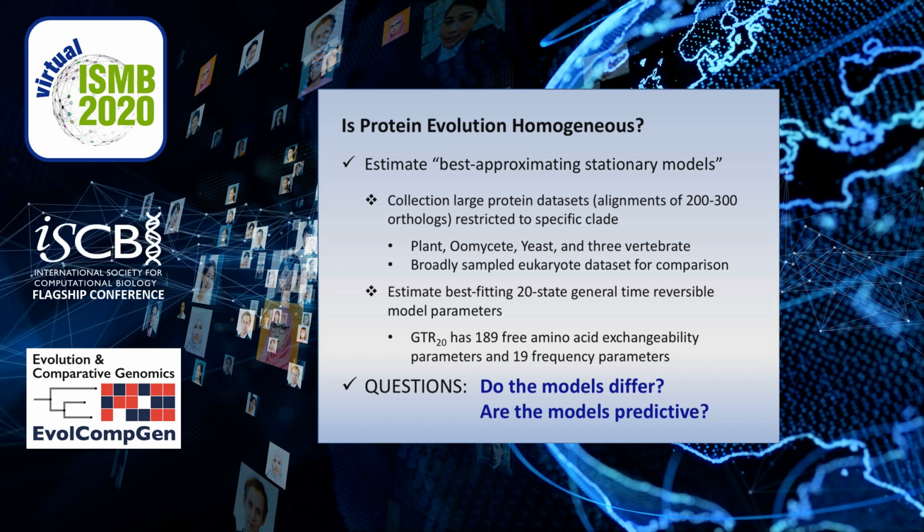For comparison, we'll have another set trained on broadly sampled proteins across all of the above, as well as some other additional microbial eukaryotes. Then we'll estimate exchangeability parameters for each pair of amino acids and ask some straightforward questions. Do the models differ, and are the models predictive?